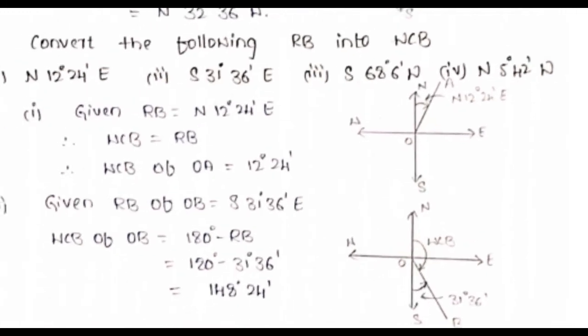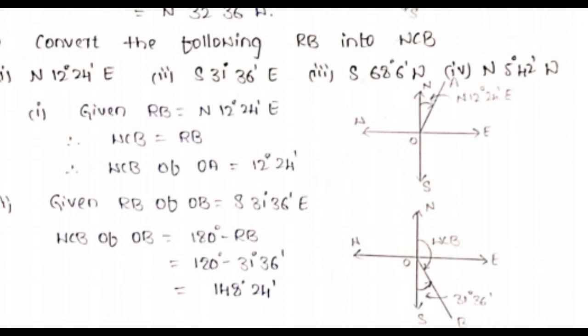For the first one, they have given north 12 degrees 24 minutes east. So first we need to draw a coordinate system, and mention the line which is situated in the first quadrant, 12 degrees 24 minutes east, like this. So this RB angle is 12 degrees 24 minutes east.